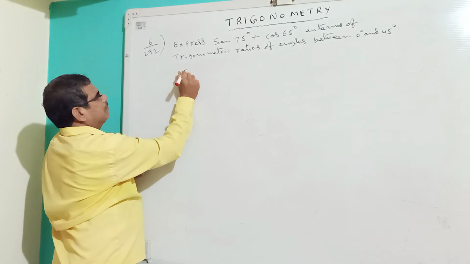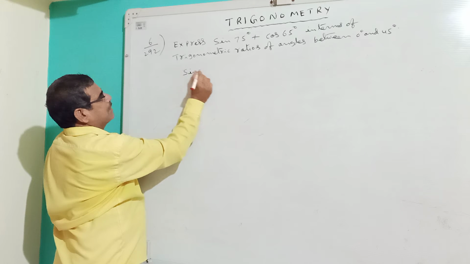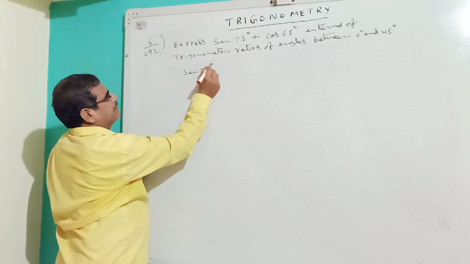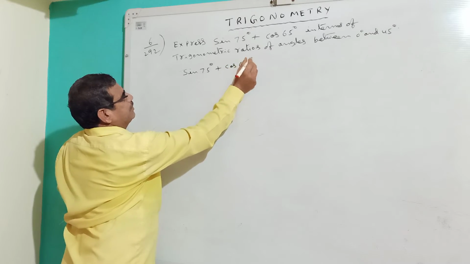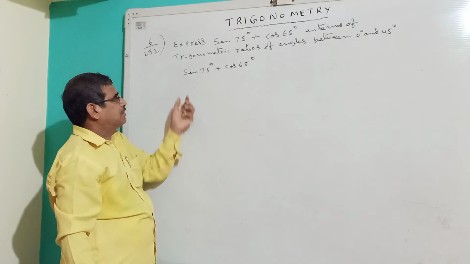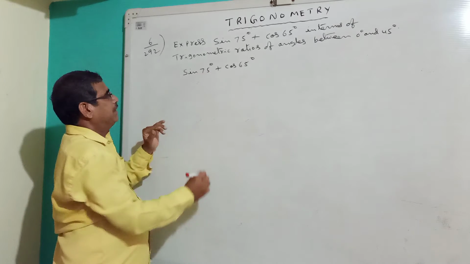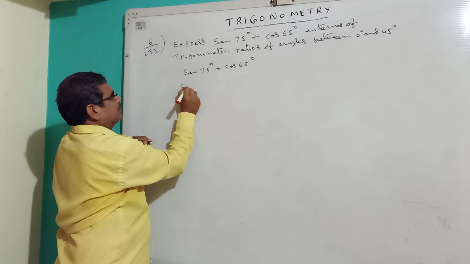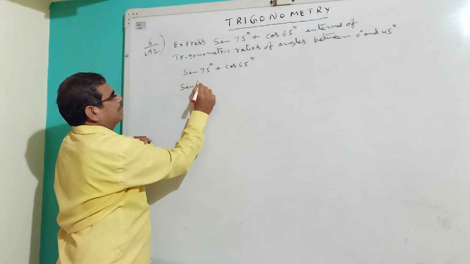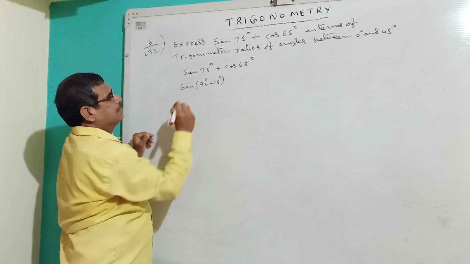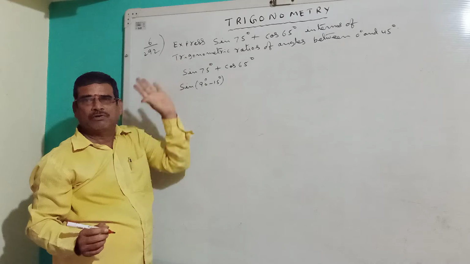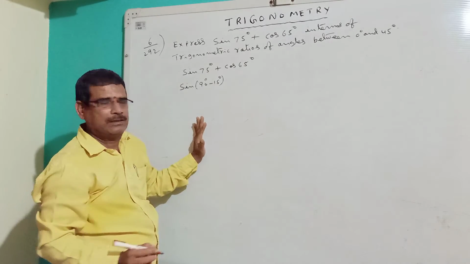So what is the given data? Sin 75 degrees plus cos 65 degrees. Instead of writing 75, I will write 90 degrees minus 15 degrees. See what answer will come? 75 will come. Okay?